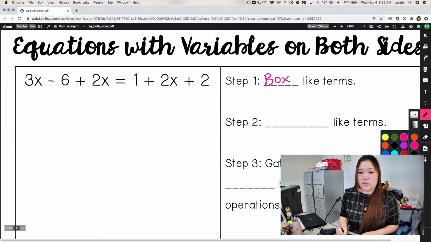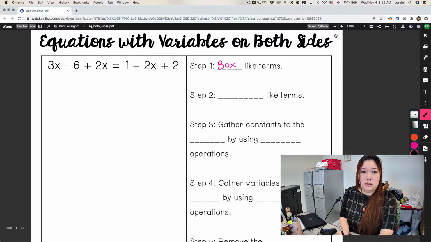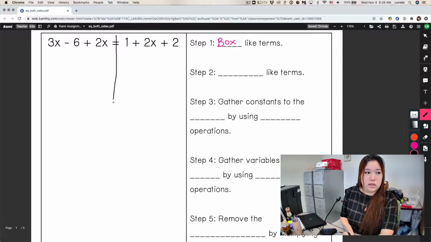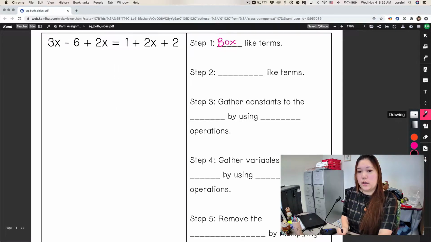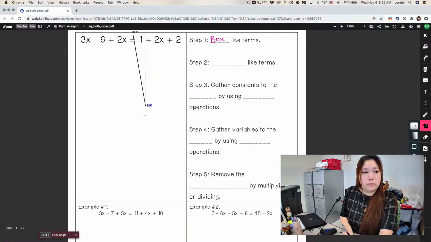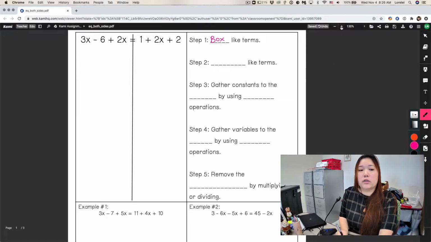So before we start, I'm going to go ahead and draw a line down the middle of the equation, using the line tool, so you can make sure that both sides are kept separate. That's really important for combining like terms.